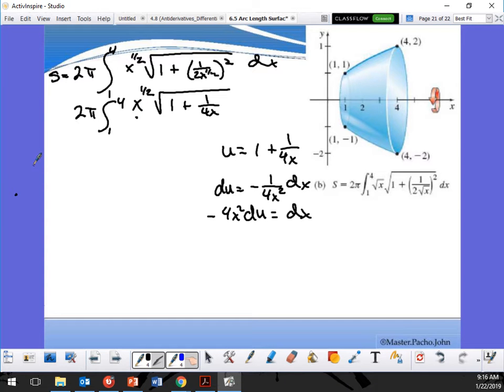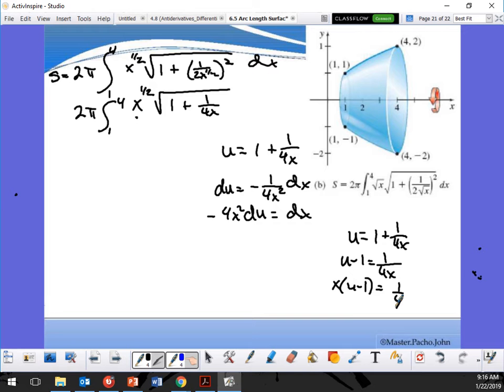Okay, so u equals 1 plus 1 over 4x. So u minus 1 equals 1 over 4x. Multiply by the x to save some time, so x times u minus 1 equals 1 over 4.